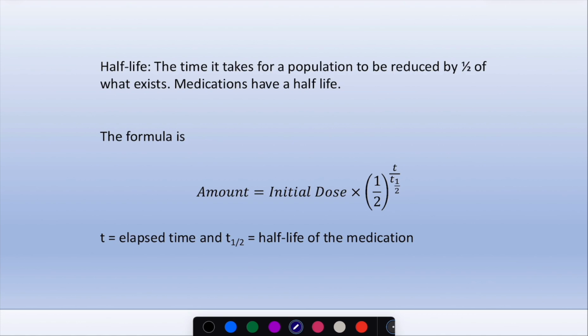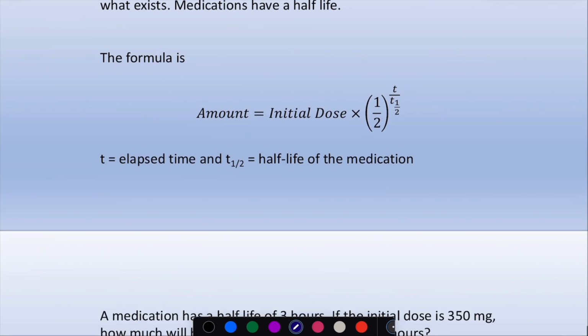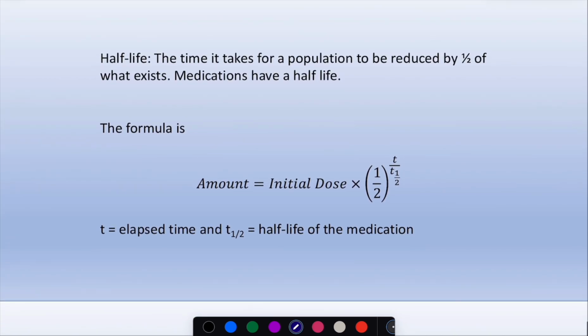So if you look at this, the formula for half-life is the amount is the initial dose times 1/2 to a power of the time elapsed over whatever the half-life time is for the medication. So I know it's not medication, but let's think about that caffeine analogy for a minute.